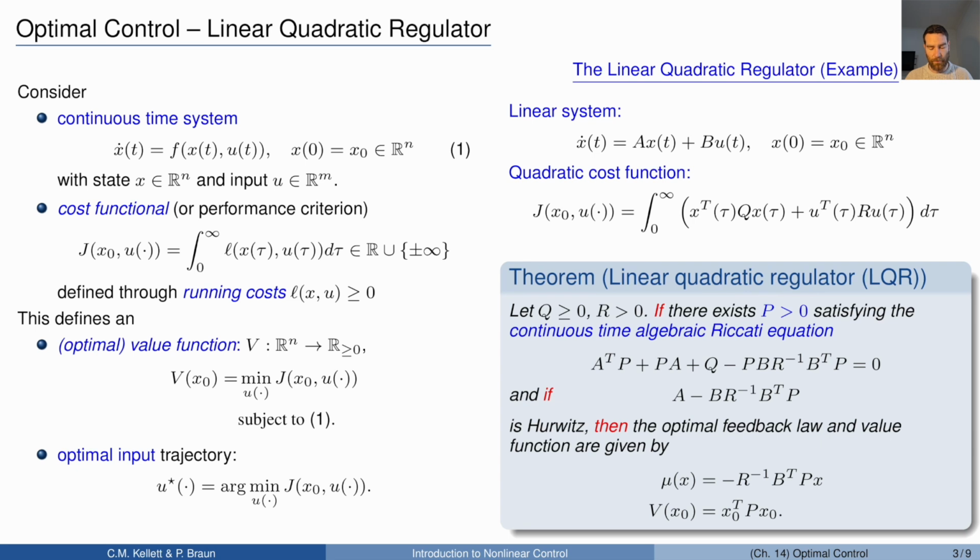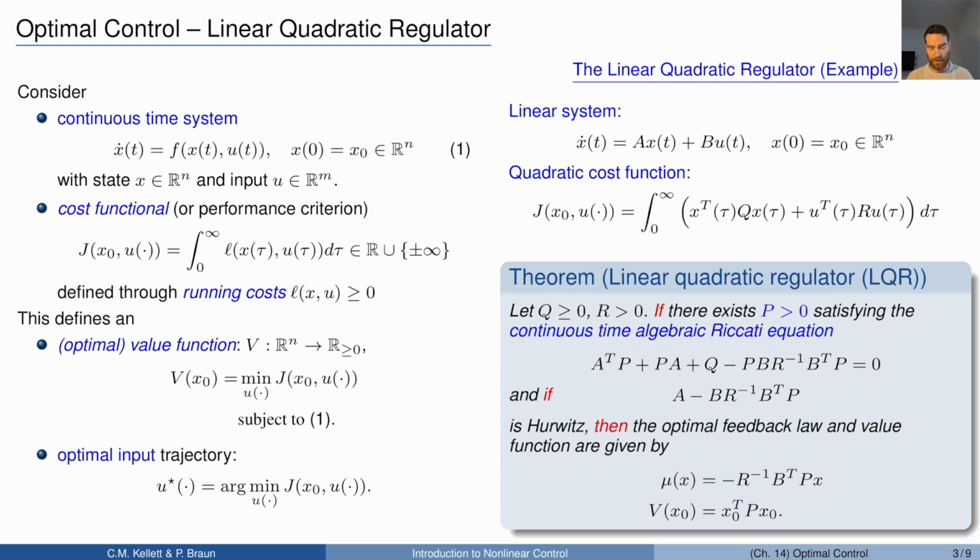and if this matrix here is Hurwitz, Hurwitz giving us a criterion stating that the underlying system is asymptotically stable, then in this particular case, the optimal feedback law can be written in this way.